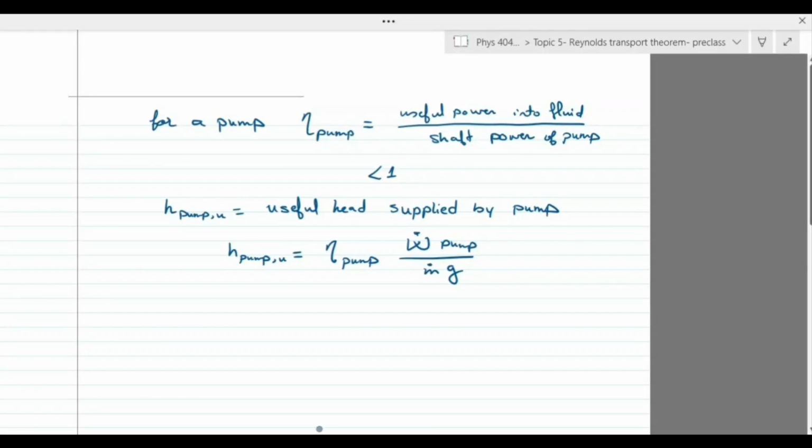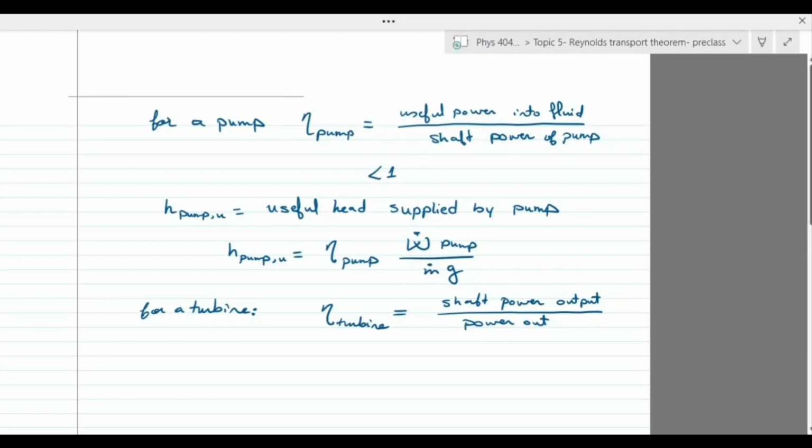Similarly for a turbine, I will define nu for my turbine to be the shaft power output over the power out of my pump.